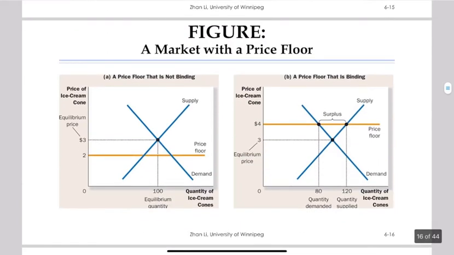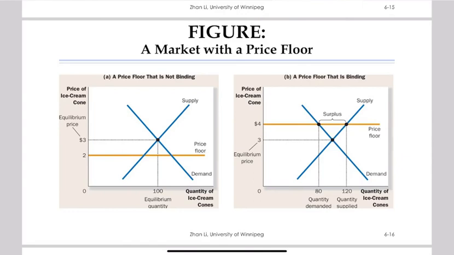The first case is where the price floor is below the market equilibrium price. You can see here the equilibrium price is $3 and the price floor is $2. So in this case, the price floor is not binding. Why is it not binding?